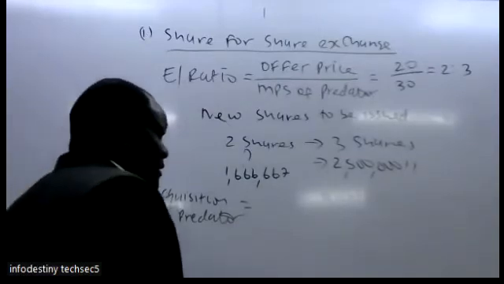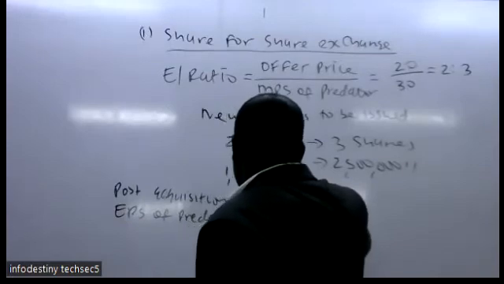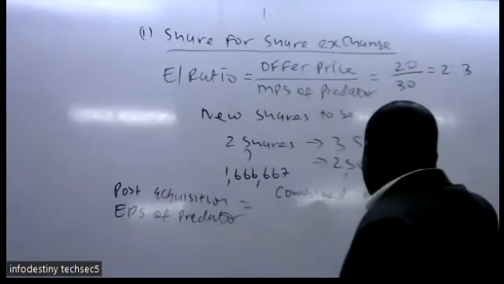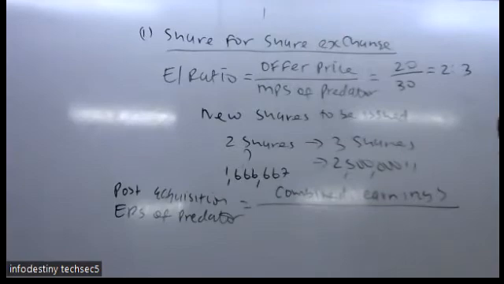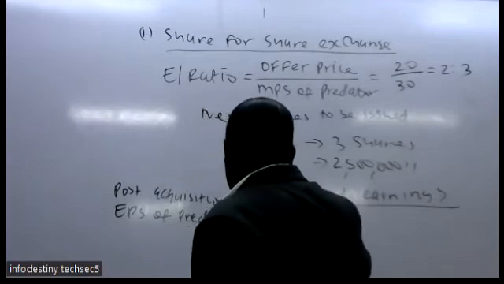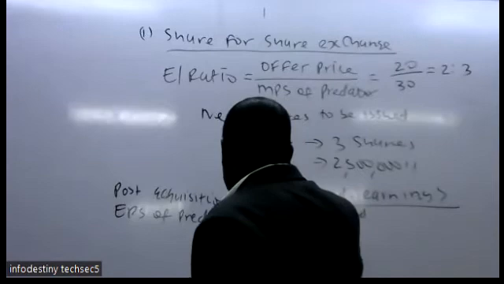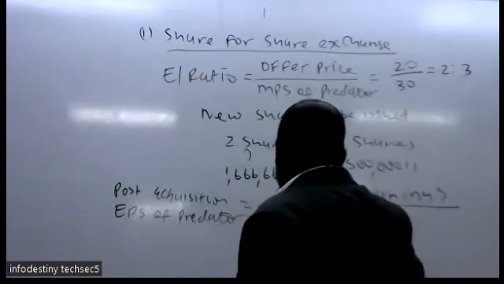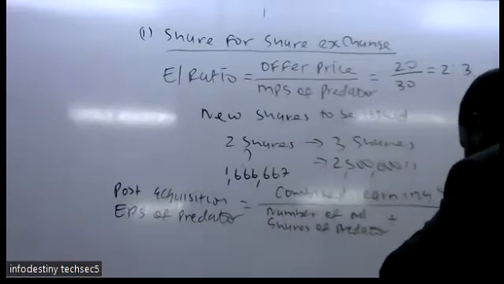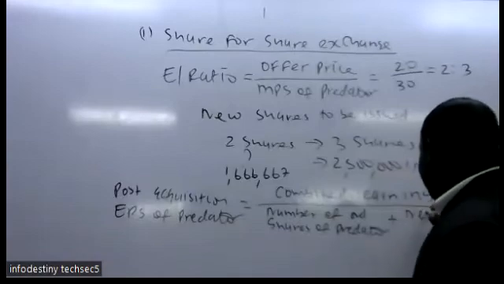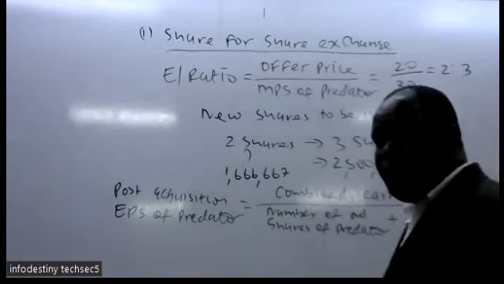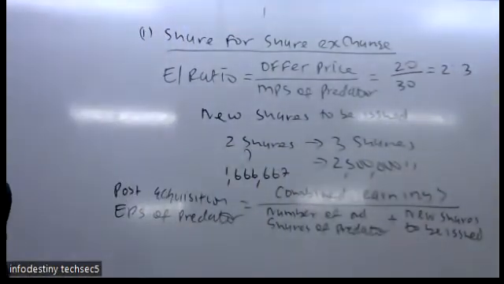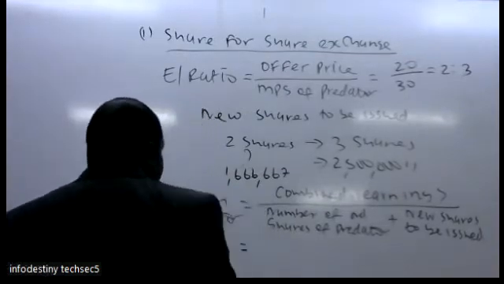Remember, it is simply the combined earnings divided by the number of ordinary shares of the predator, plus the new shares to be issued. For combined earnings, we add the net income.